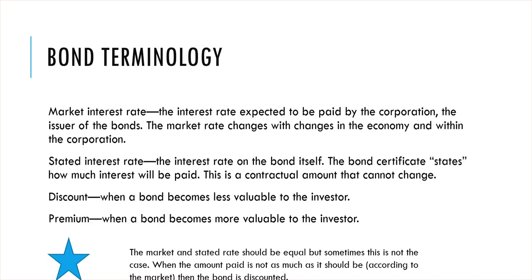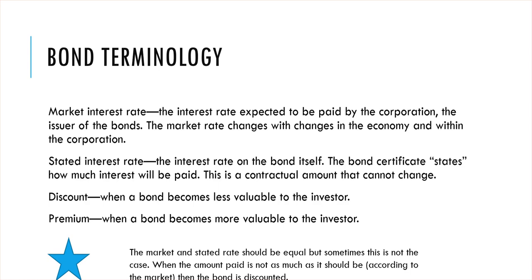So the bond terminology we all need to learn. The market rate is that interest rate expected to be paid by the corporation or the business. And if it's a corporation and it's bonds, they're called the issuer of the bonds. The market rate is going to change with the economy. It's also going to change, as we saw on the previous slide, with the riskiness of the corporation.